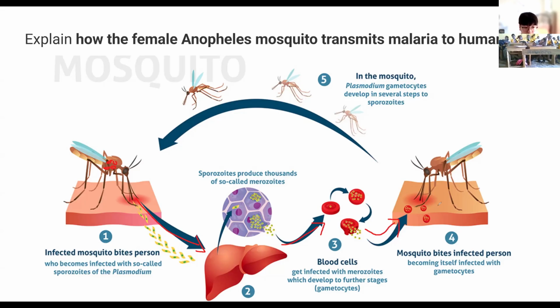So the mosquito is infected now. This new mosquito is infected, and then it bites another person, and then the person gets infected as well. So I hope everyone understands how malaria is spread. This is very important, and I wanted to make sure everyone understands this concept.